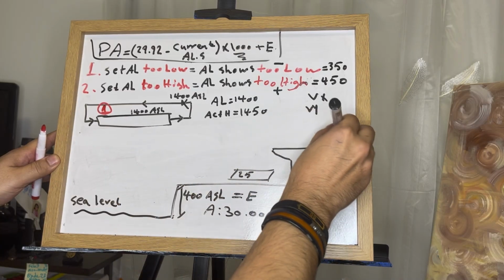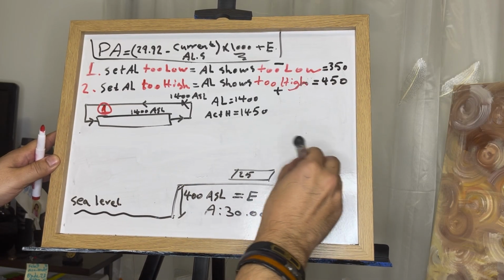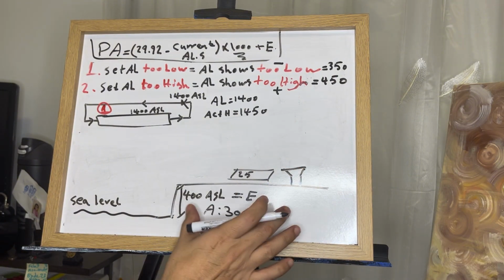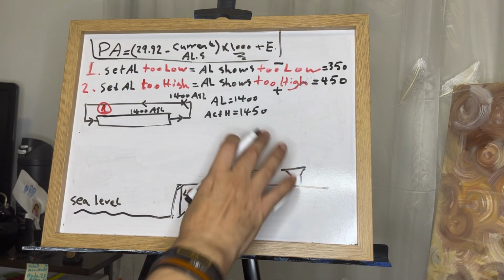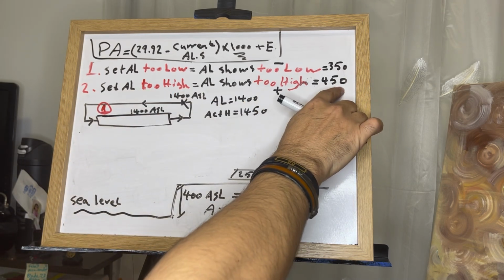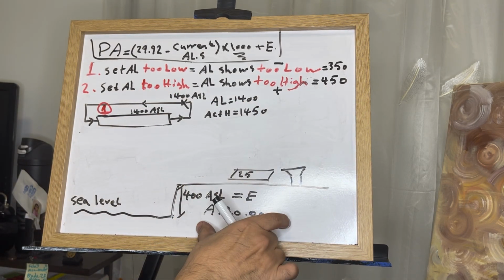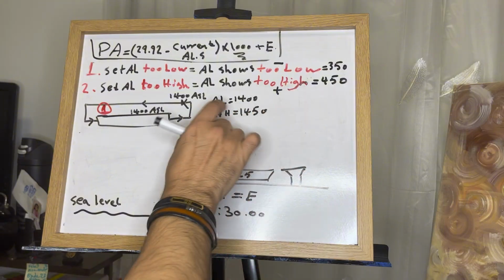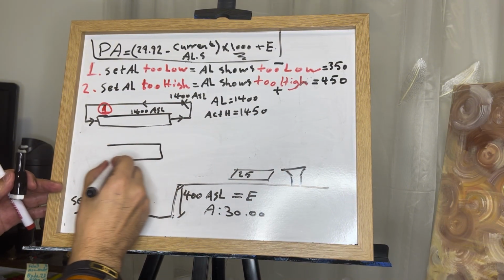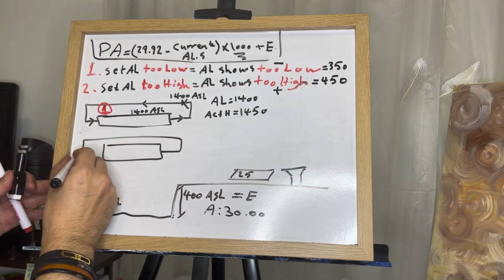Let's see what will happen in scenario number 2. After setting the altimeter to the wrong number, set too high, the altimeter shows 400 feet at the ground. After takeoff, at Vx or Vy, somewhere here, you are at 1400 feet.